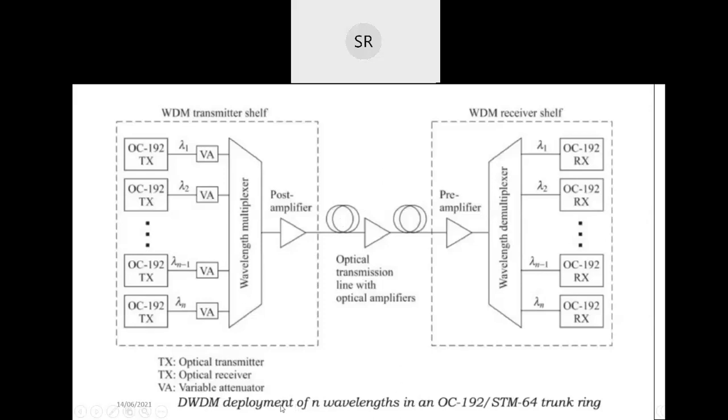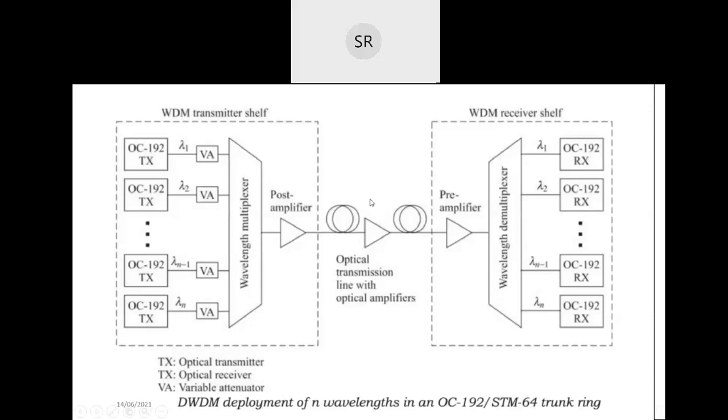is about a DWDM deployment of N wavelengths, L1 to Ln, in an OC-192, that is STM-64. So it is 64 times 3, that is STS level 1. That means this dense wavelength division multiplexer has a large capacity.